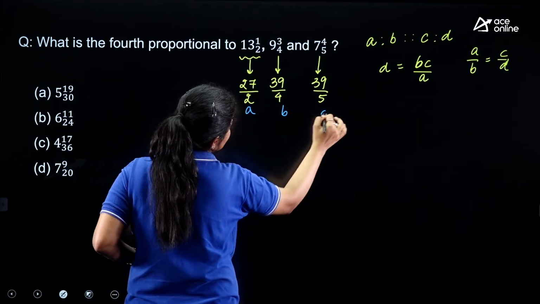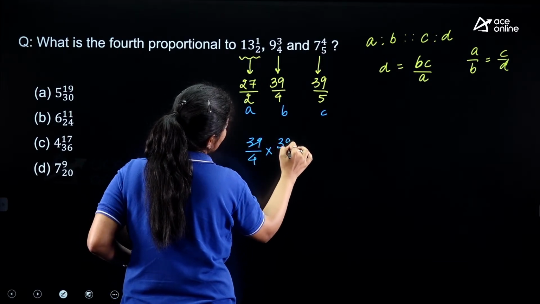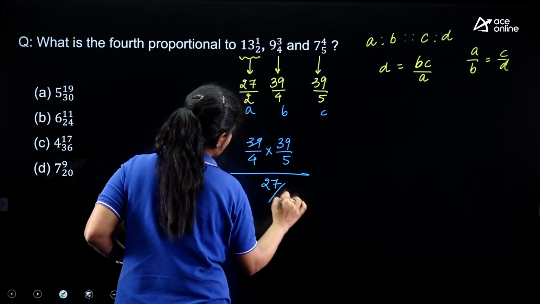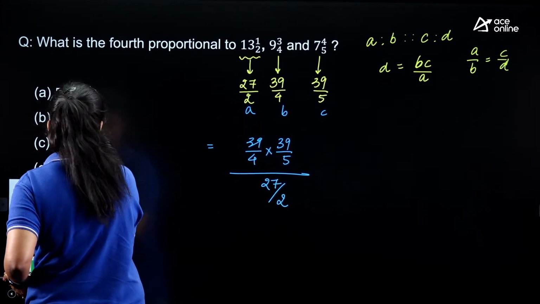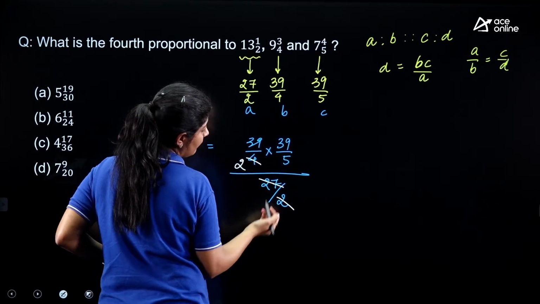So this is my A, B and C. So 39 by 4 into 39 by 5 divided by 27 by 2, right? So these are the values we are having. So here we got 2 with the help of 3.